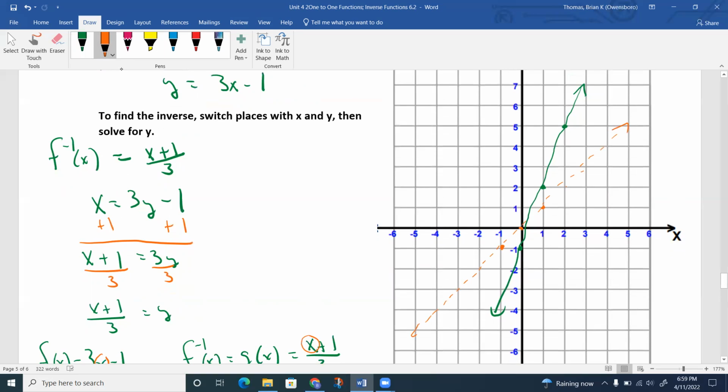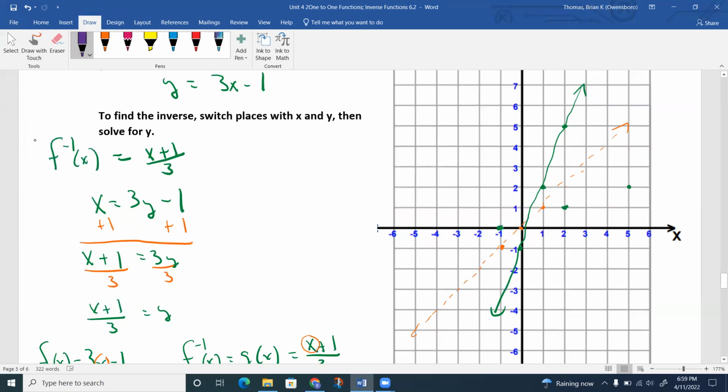Notice how we have this point 0, -1. So our new point is going to be -1, 0. The point that was 1, 2 now becomes 2, 1. And the point that was 2, 5 now becomes 5, 2. Let me do that in a little bit different color.